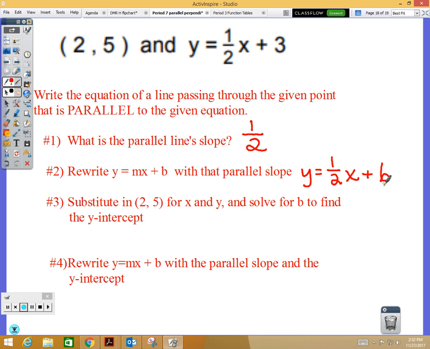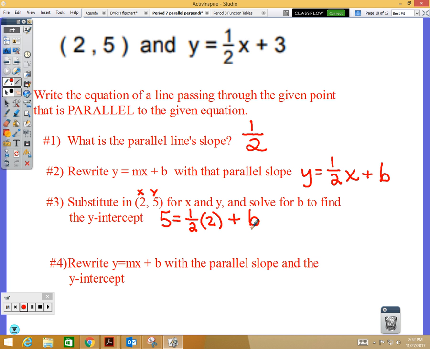We have done this on an assignment before break. You may not remember. Remember that in 2, 5, 2 is x and 5 is y. So I'm going to say 5 equals 1/2, x is 2, plus b. Remember doing that?